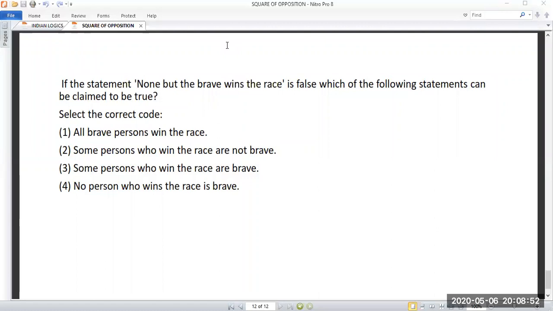Quickly reply. It is A case. This one is A type.